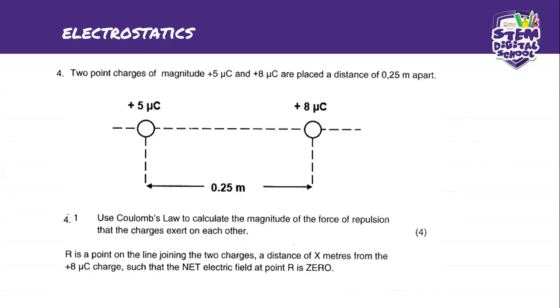So here are the two charges at a distance apart. What they want to know in 4.1 is use Coulomb's law to calculate the magnitude of the force of repulsion that the charges exert on each other. This one is 3 to 4 marks. You've done this kind of problem so many times.